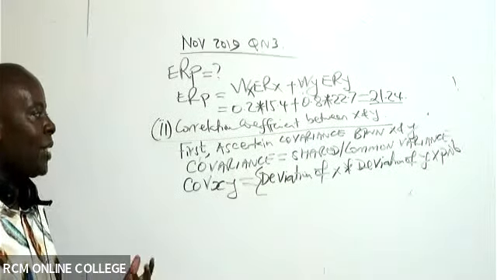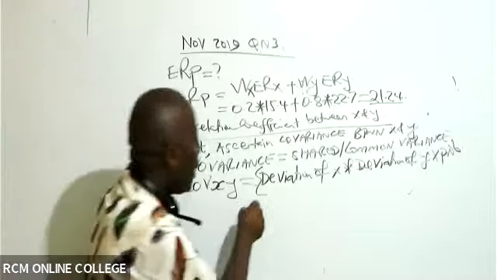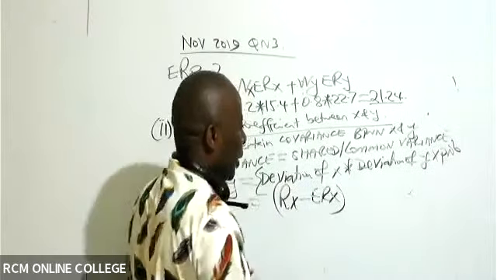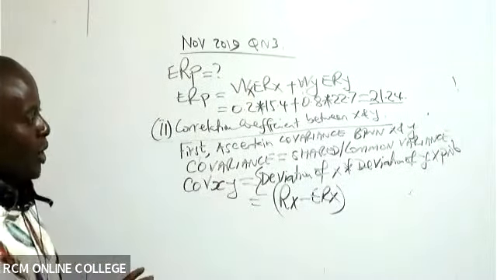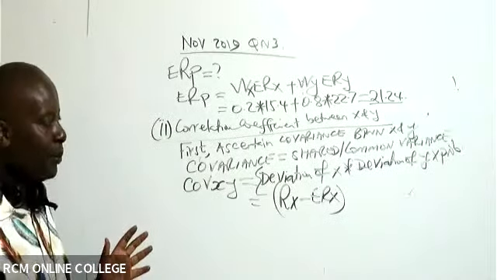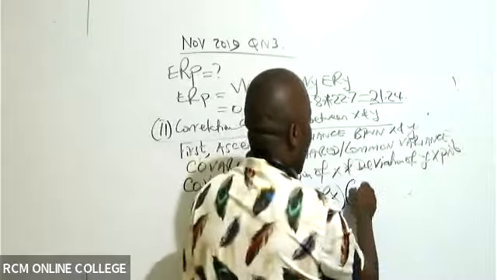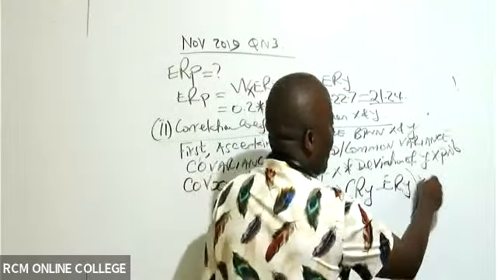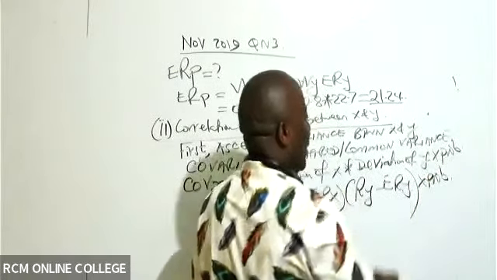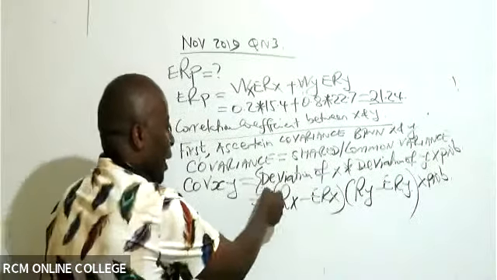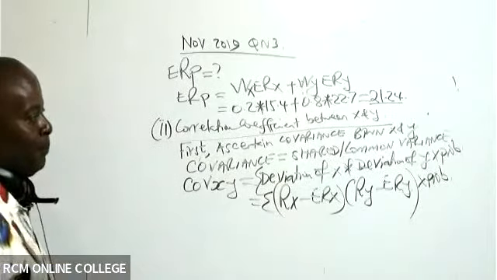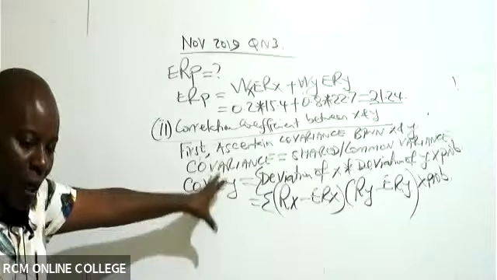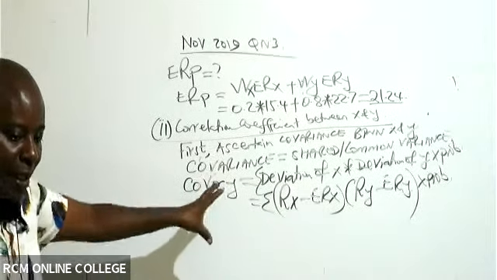Deviation of x is actual returns of x minus expected returns of x. Multiply this with deviation of y, which is ry minus expected returns of y, times probabilities. And then, of course, there is a summation. So this is how we get covariance between x and y.